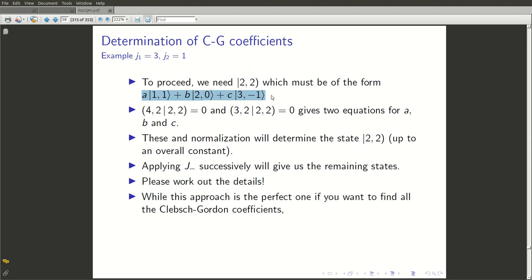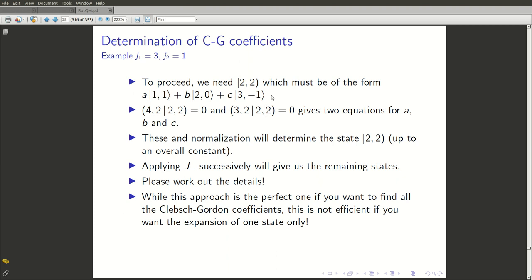So we will talk about another method in the next lecture by which you can figure out the expansion of one such eigenket in terms of the direct product eigenkets. So if you wanted only 1 or 2 Clebsch-Gordan coefficients, the other method may be more efficient. So that's the subject for the next lecture.